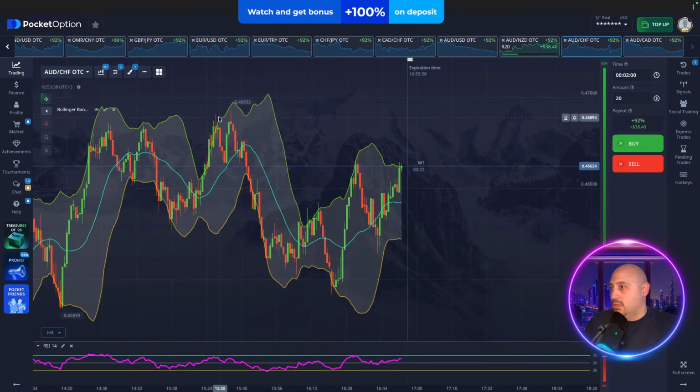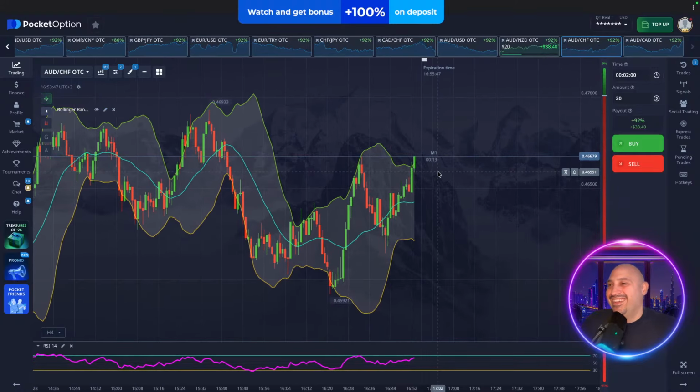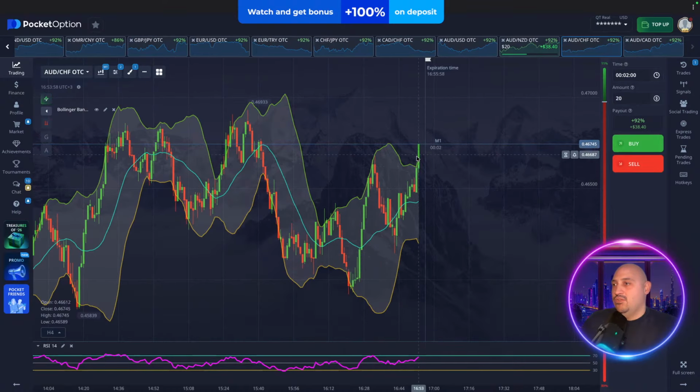Look at this. Down, down, down. If I open a sell trade here, it will go to the upside. He just decided to break through it.